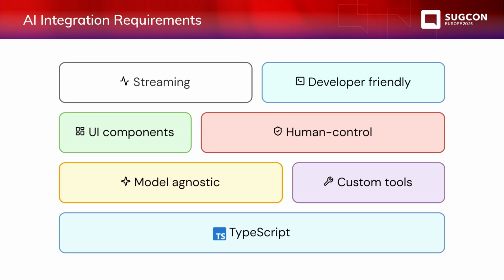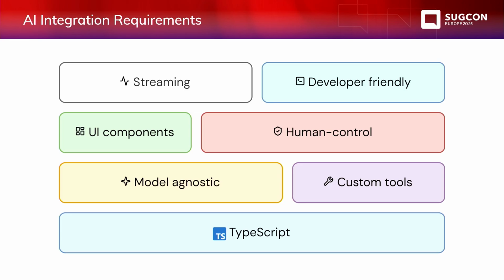It should support custom tools because without custom tools, you will just get a copy of ChatGPT. We don't want that. The framework needs to be model agnostic, so we can easily switch between various providers. We want to have human control on some sensitive operations.